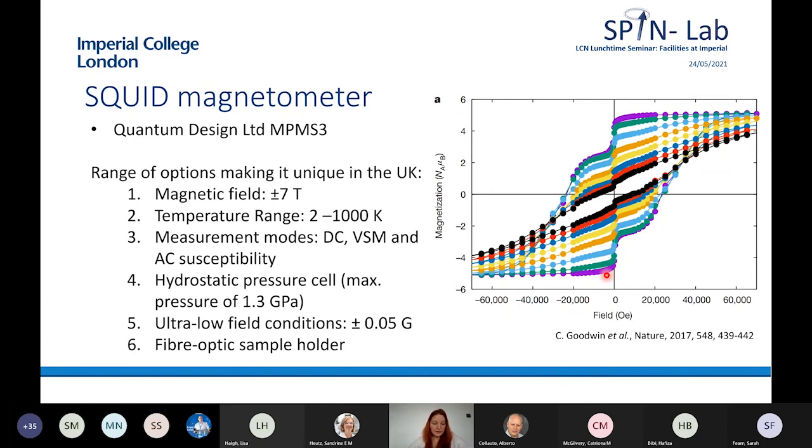This was done on a single molecular magnet, which is a candidate for high density data storage application, and these kinds of hysteresis loops are the first condition for that.